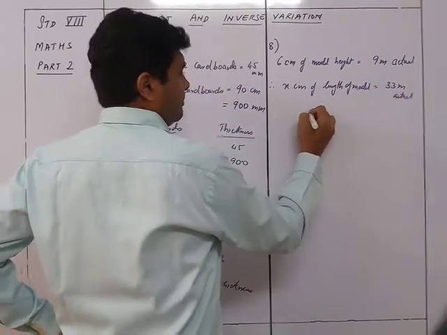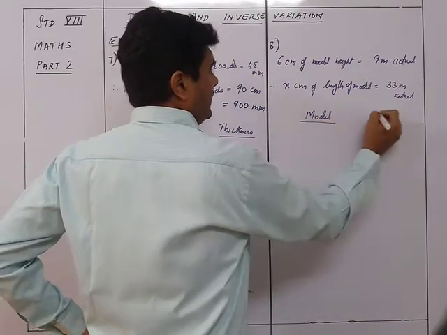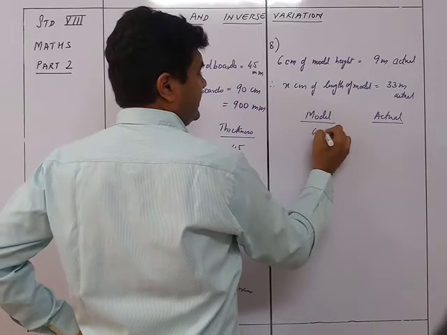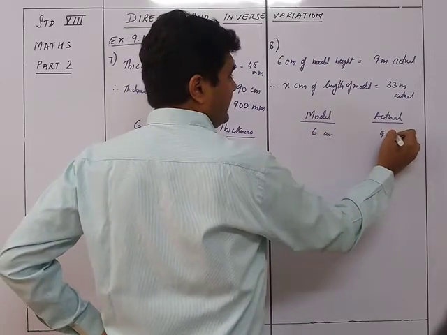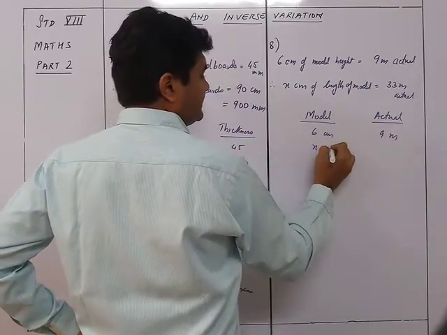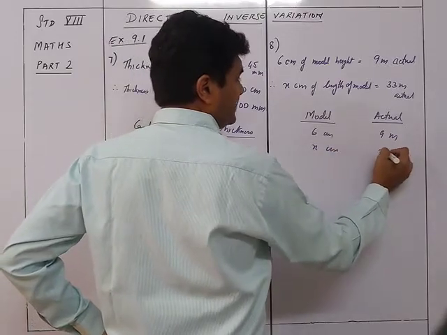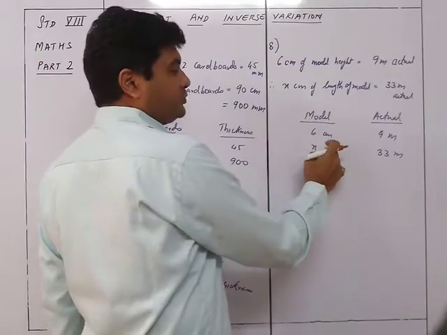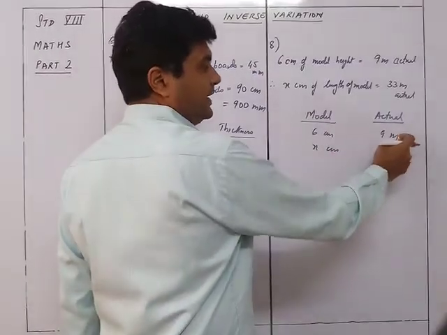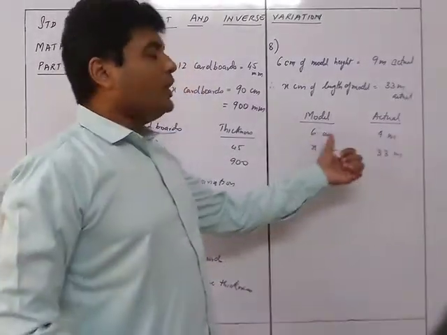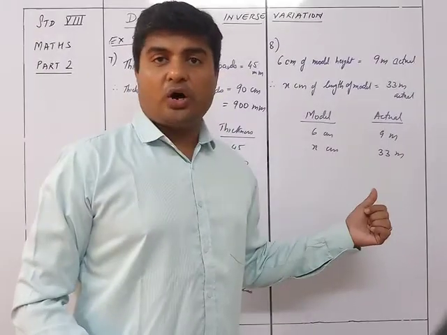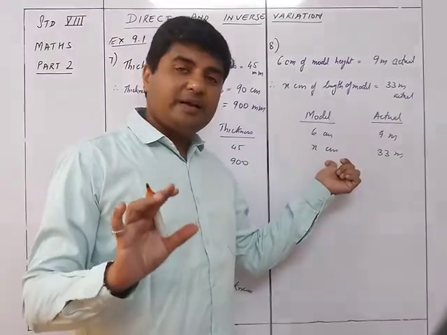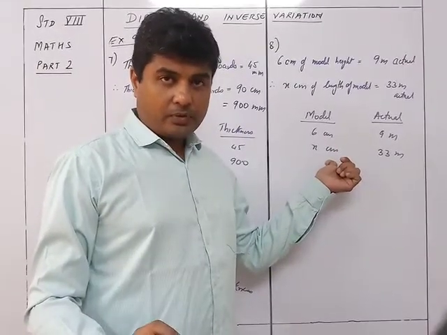So we have over here model and actual. Model is 6 centimeters and actual is 9 meters. The model is X centimeters. This is 33 meters. Here this is centimeters and this is also centimeters. This is meters here. So I don't need to convert here, because whatever is the unit for the model, centimeters, I will get the answer also in centimeters.